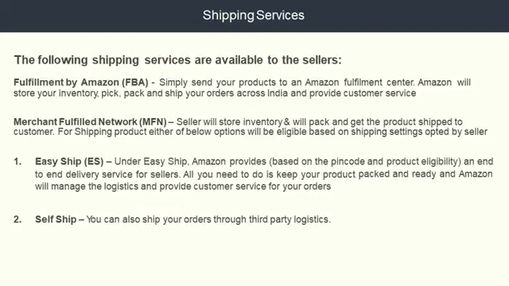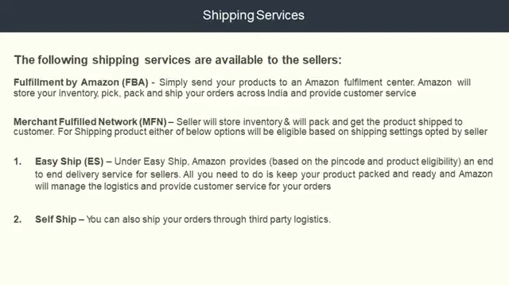If the seller has opted for Easy Ship service and the pin code of the buyer is serviceable by the Amazon Easy Ship team, then the seller will have to pack the product, keep it ready and schedule a pickup for Easy Ship. The associate of the Easy Ship team would come to the seller's place, pick up the order and courier it to the customer.